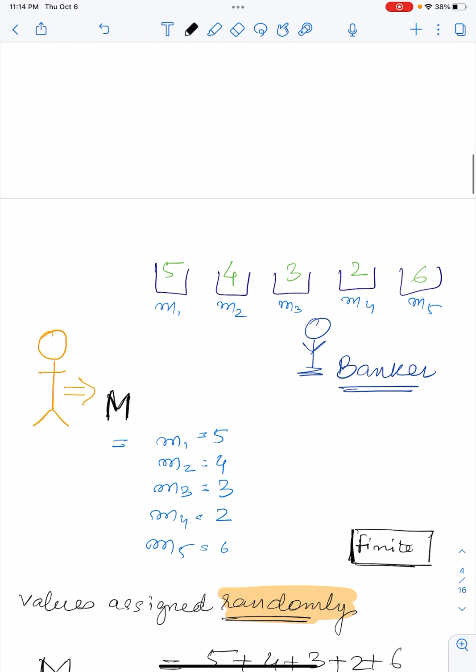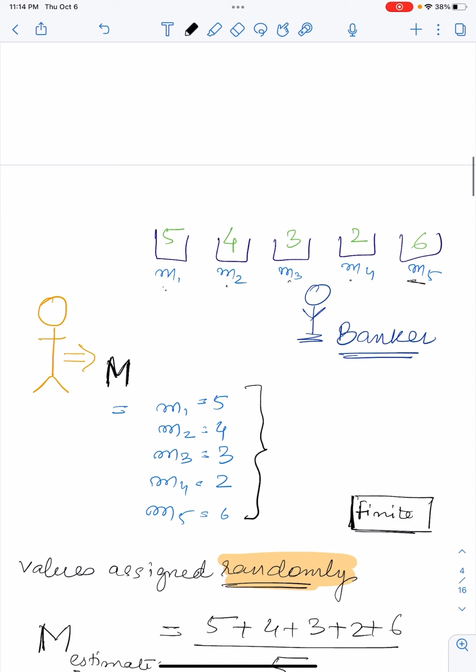So to formalize this, let's consider the possible values of this capital M being small m1, m2, m3, m4, and m5. So M can possibly take any of these values and not any other values apart from this. So we only have a finite set of amounts that this person can possess at any instance.